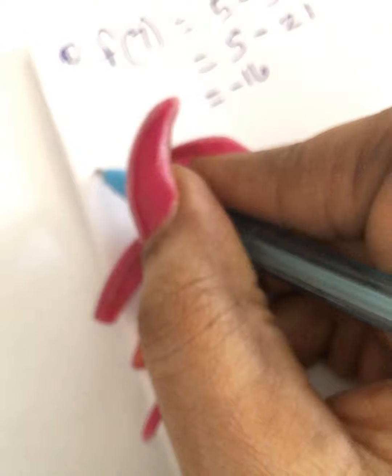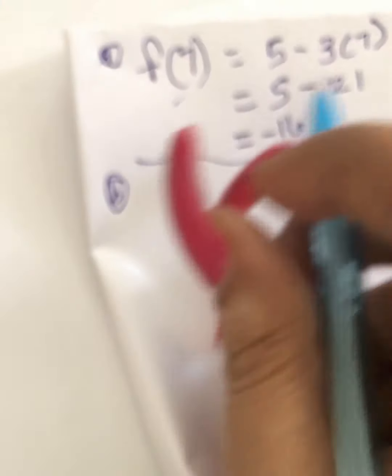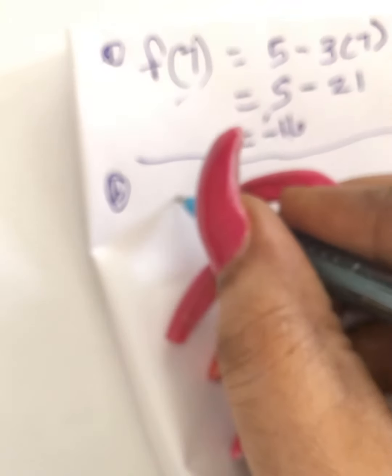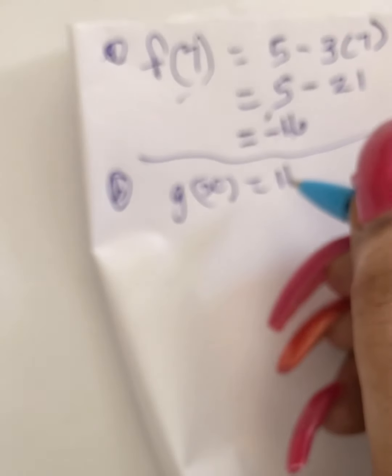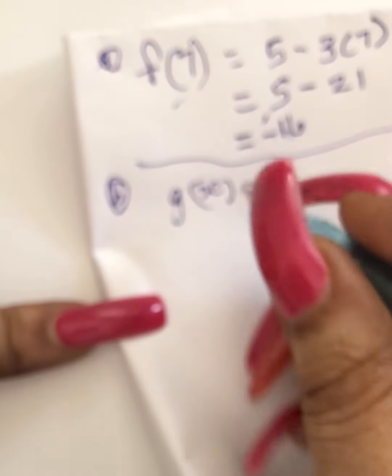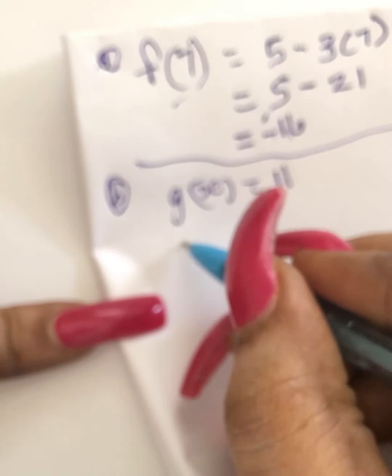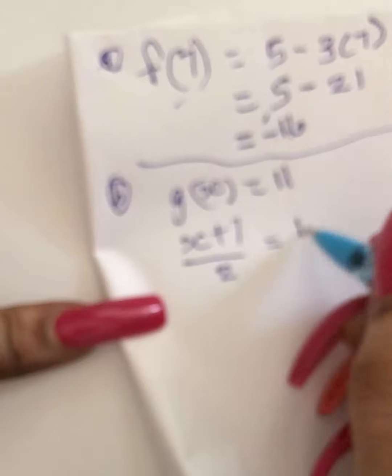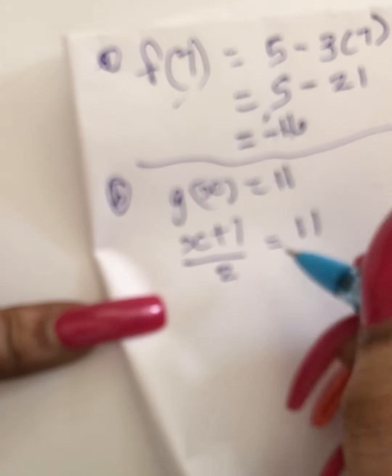That's my A. Let us look at part B. Part B says to find the value of x where g of x is equal to 11. The function g of x is (x plus 7) over 2. We want to make that equal to 11.